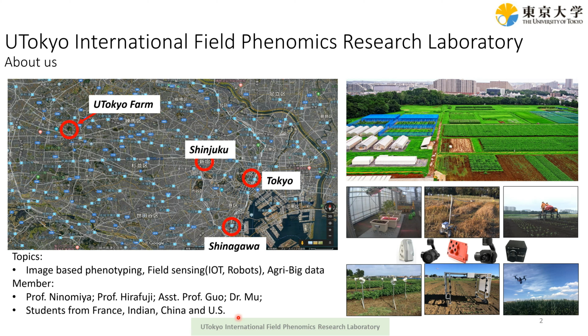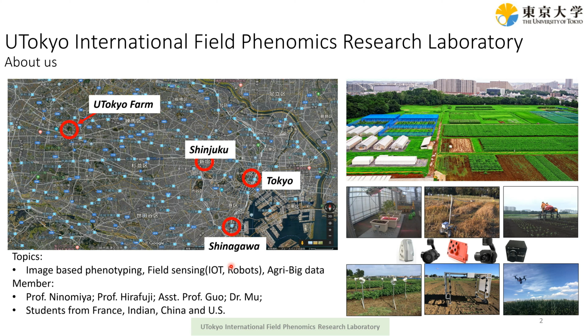As you can see here, we are located in Tokyo city, surrounded by buildings, and we have quite good access to the farm we are working in. We are running a whole bunch of both hardware and algorithm developments for plant phenotyping.